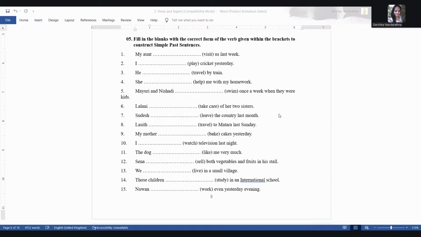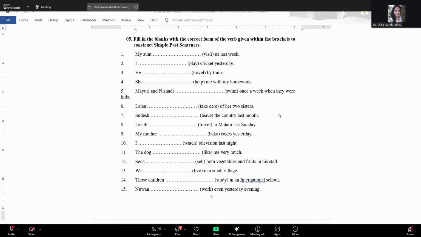He traveled by train. She helped me with my homework. Mayuri and Nishadi swam once a week when they were kids.